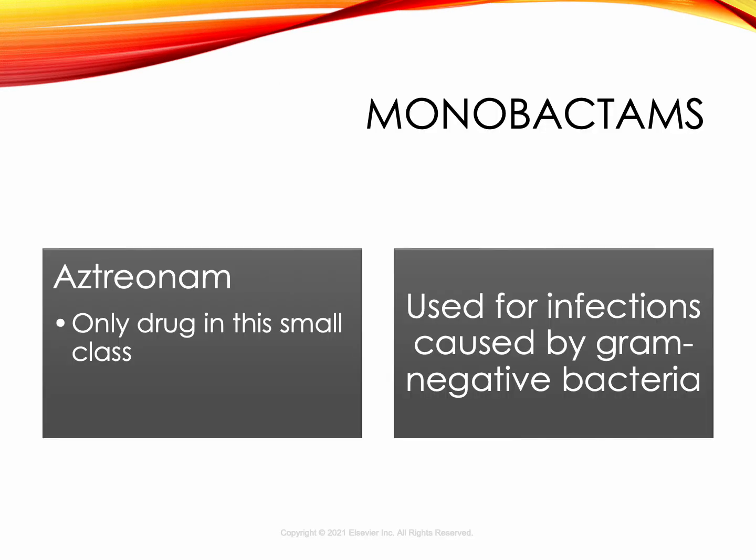So let's talk a little bit about monobactams. Monobactams are a really small class of beta-lactams, and so far aztreonam is the only drug in the class. And this is a synthetic drug that was originally isolated from Chromobacterium violaceum, and it has been used to fight infections caused by Pseudomonas.